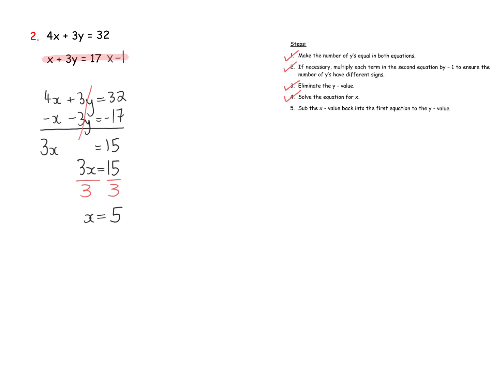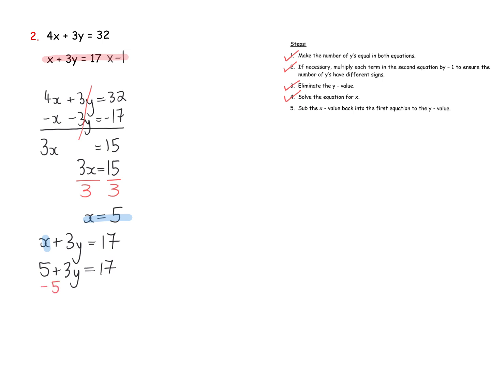So I'm going to take the second equation this time, and what we have is x plus 3y is equal to 17. Again, I'm going to replace x with 5. So what I'll be left with here is 5 plus 3y is equal to 17. What I'm going to do then is get the y on the left and all the numbers on the right.